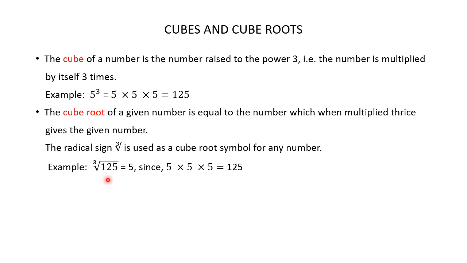Let's understand that with an example. The cube root of 125 is 5. So 5 multiplied 3 times by itself will give you 125. 5 multiplied by 5 multiplied by 5 is equal to 125. So the cube root of 125 is 5.